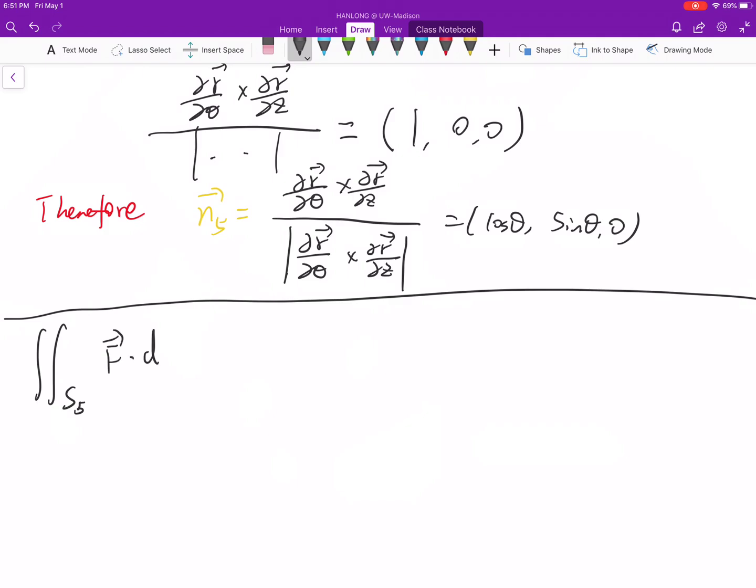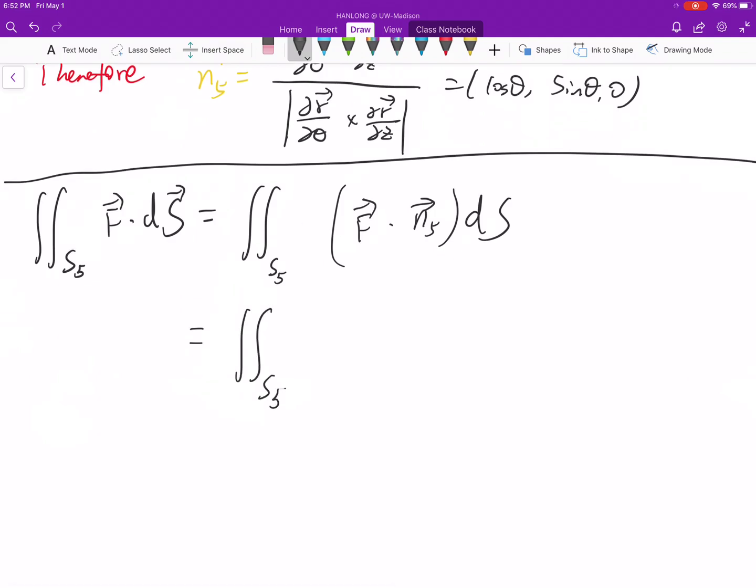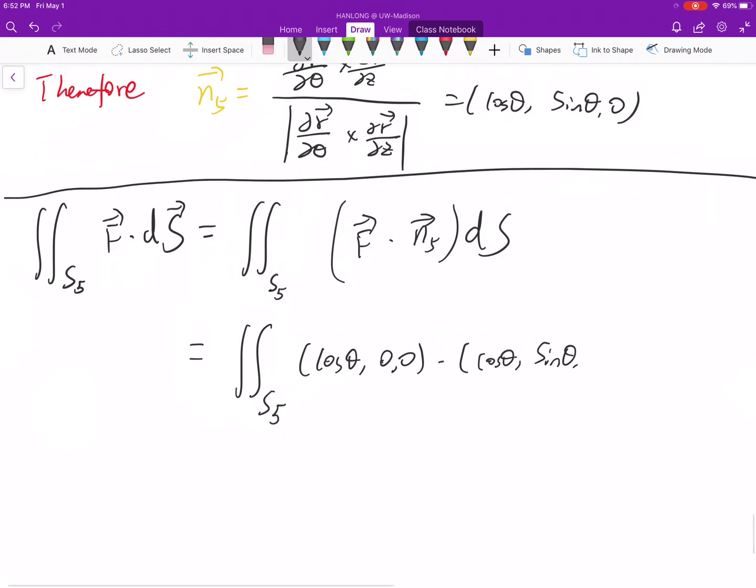The surface integral of F dot dS, and recall the formula we have is S5, so it's (x, 0, 0) dot n5. So let me write one more step. F dot n5 dS. So here F is (x, 0, 0), so it's (2 cosine theta, 0, 0) dot (cosine theta, sine theta, 0) dS. Sorry, here 2 cosine because x is 2 cosine theta.